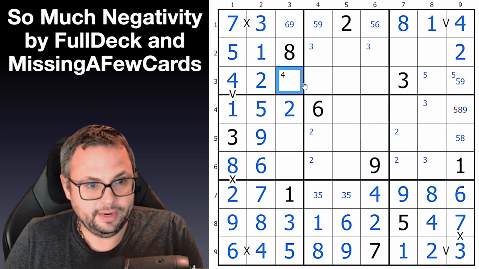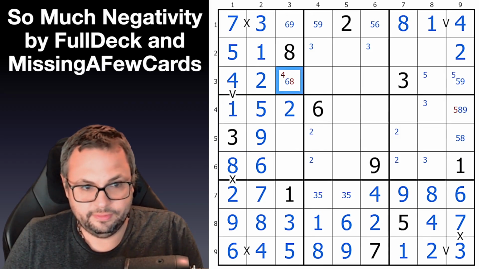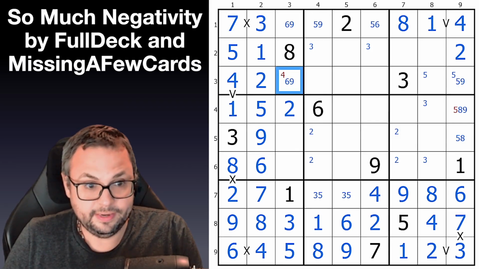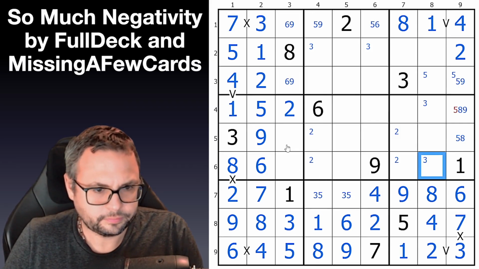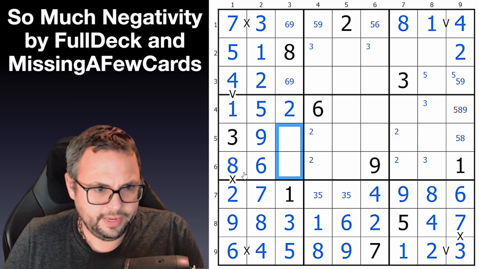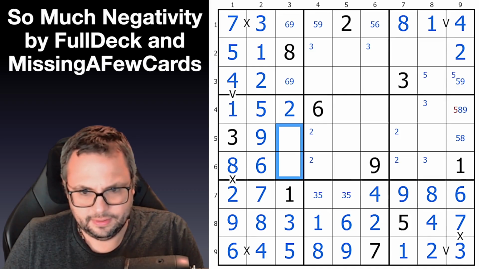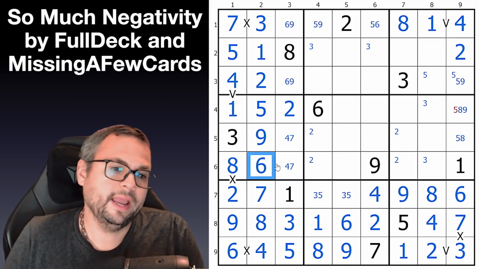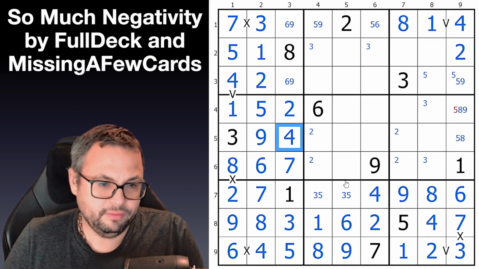And so we get a 6, 9 in this cell. Sorry, 6, 9. 3, these are a 4 and a 7. The 4 can't go next to the 6, so actually it's a 7 and a 4.